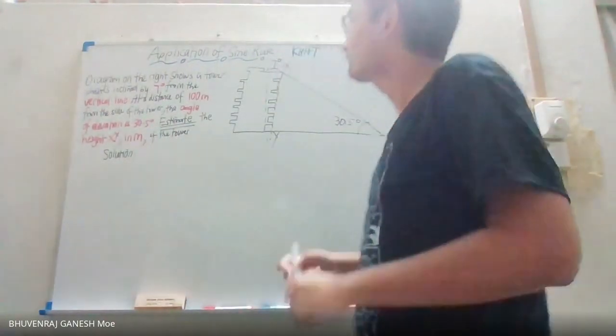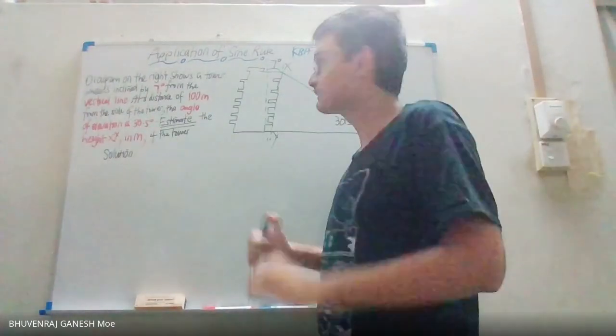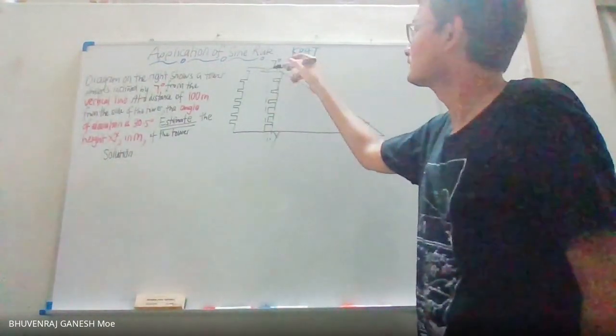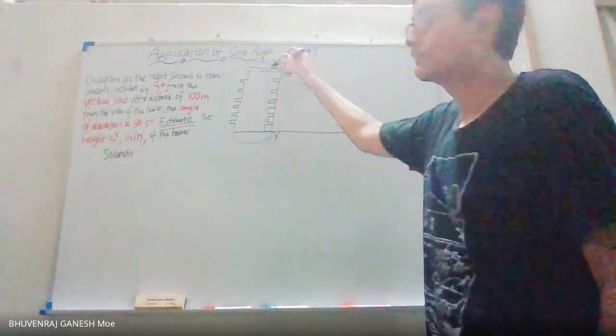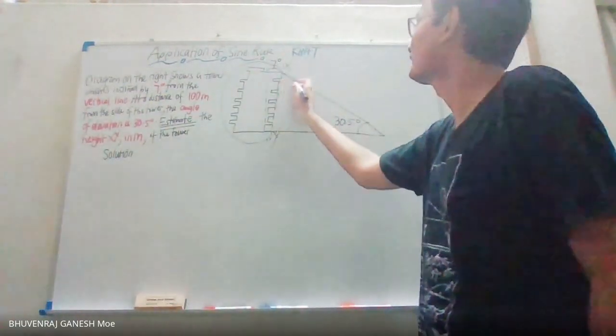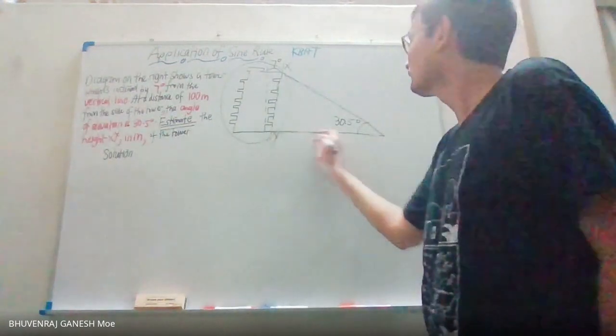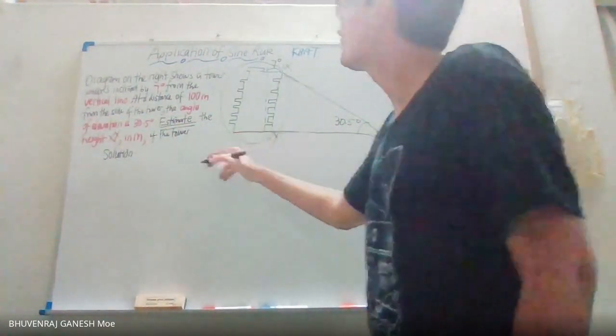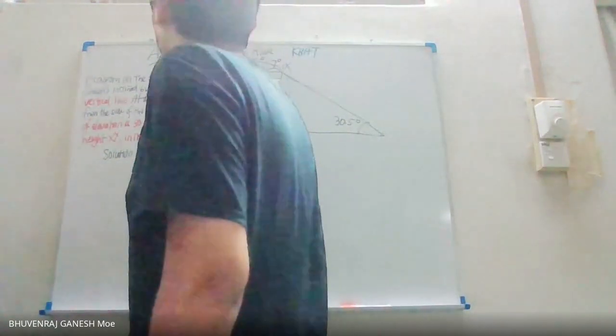Now we see there is a tower like this, which is slanting, and it's in the shape of a triangle you see here. This is the tower, and they said that the tower is inclined by 7 degrees from the vertical line.